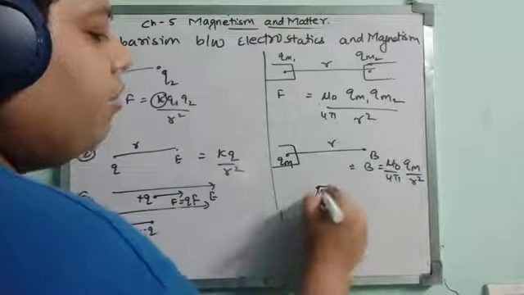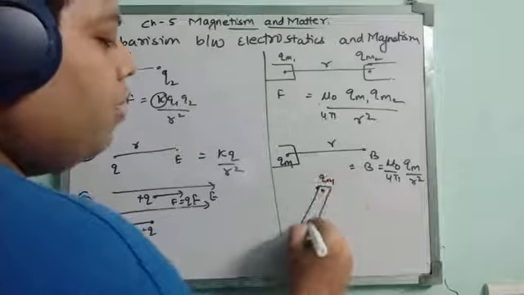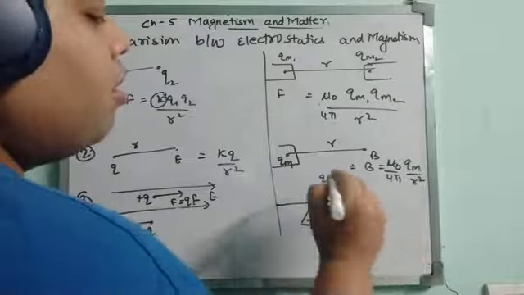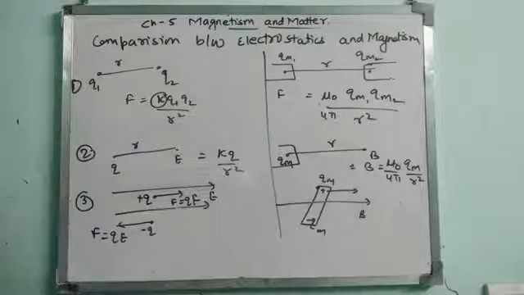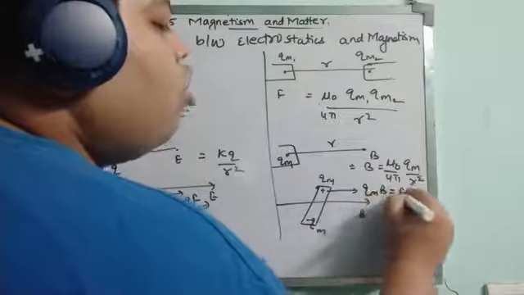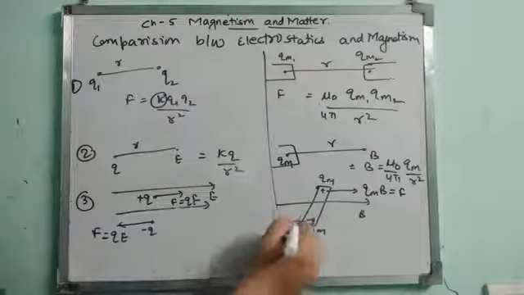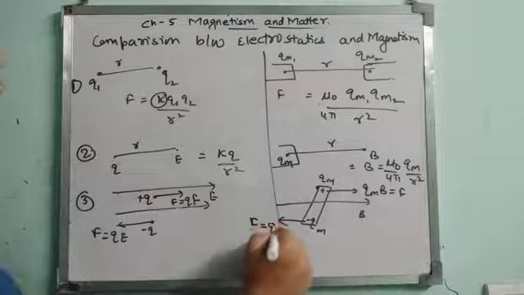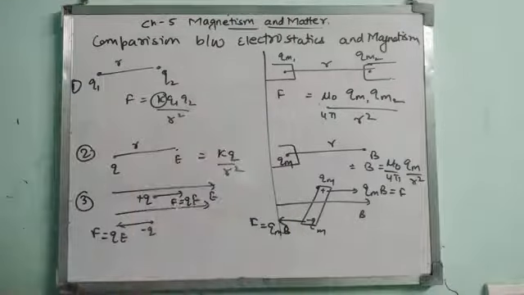Suppose it is a magnet having two poles, positive Qm and minus Qm, placed in magnetic field. So the positive pole, that is north pole, will experience QmB force in direction of magnetic field, and negative pole will experience the same QmB force in direction opposite to the magnetic field.